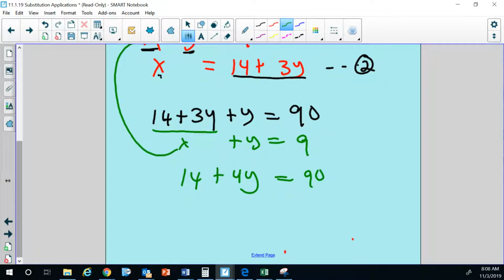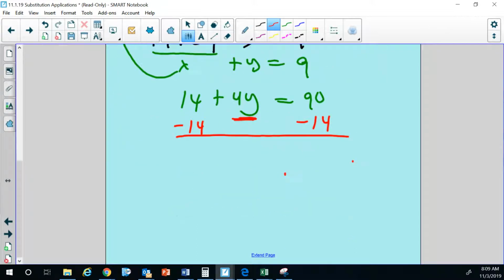Okay? Now, remember, I want to solve for y. I want this term by itself. So therefore, I have to subtract 14 on both sides. That goes away. That leaves me with 4y is equal to 90 minus 14, which is 76.